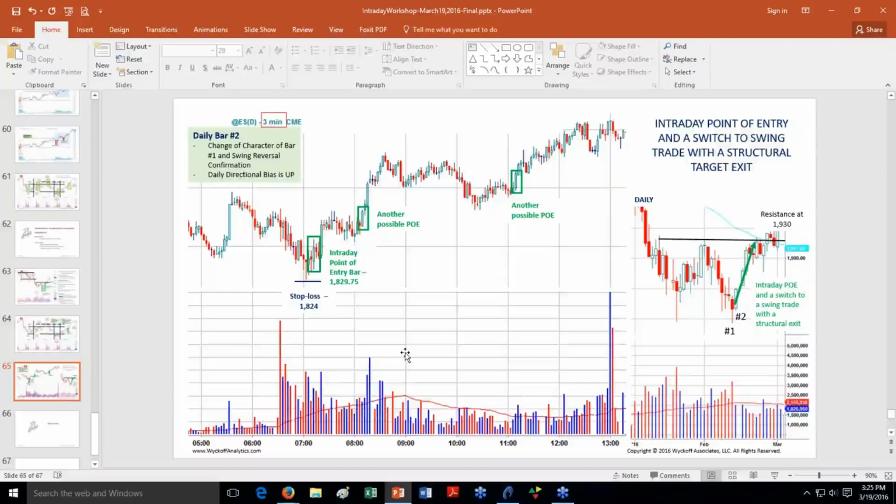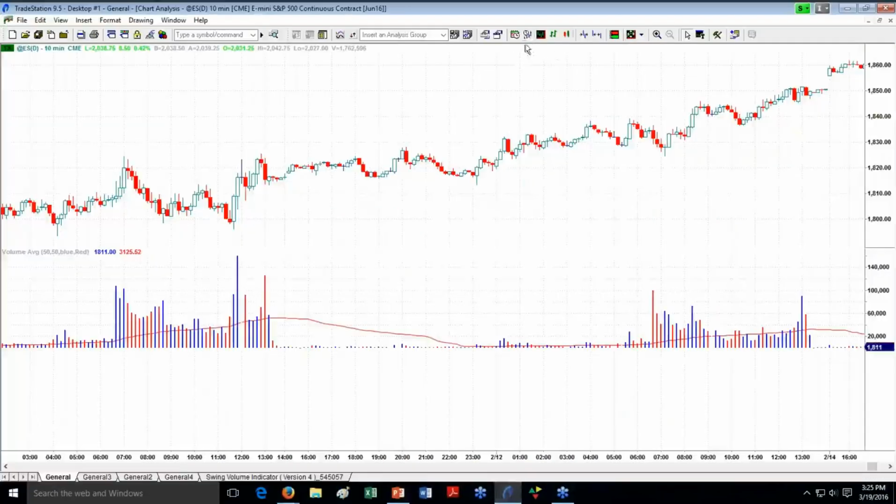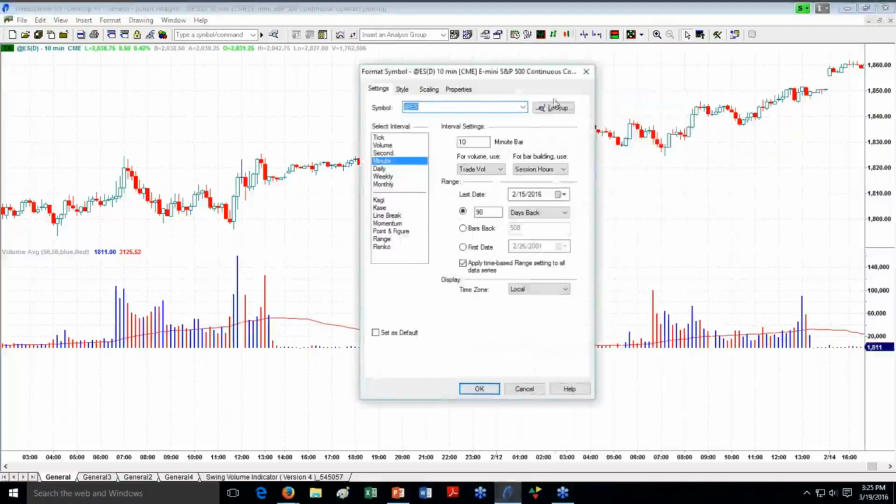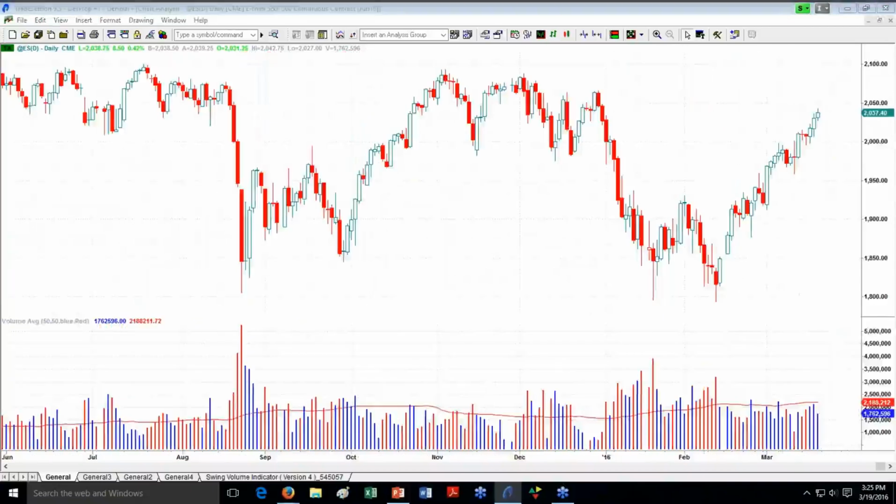Actually, on the opposite, I mean, if we are looking to, let's say that we've opened an intraday position right here, and we made a switch here. So now we are in the swing trade.